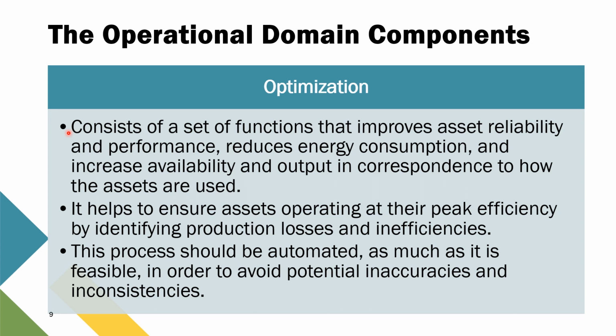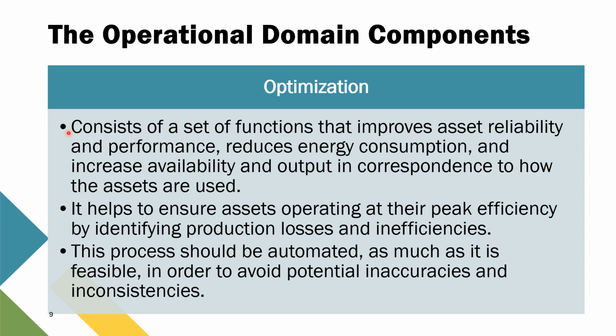Okay, so since previously we have the prognostic where it can predict the problem and everything, optimization will do the calculation and see how we can increase the performance of this asset, how we can reduce the energy consumption of that asset, and how we can increase the availability and output in correspondence to how the asset is used. Okay, so this is how the optimization works in the operational domain.